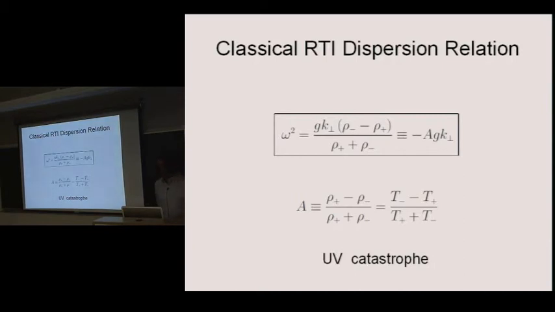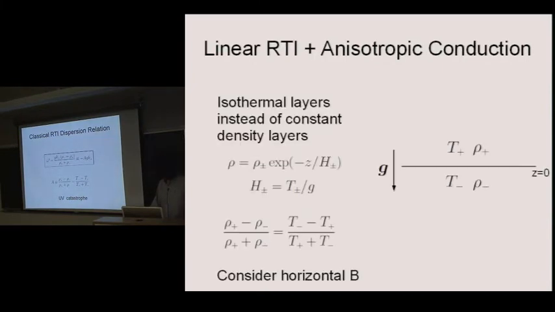And so in physical systems, there's going to be some sort of small-scale physics, maybe a viscosity or a surface tension, that will select out a scale at which you have the largest growth rate. So you have your small-scale physics which solves your UV catastrophe.